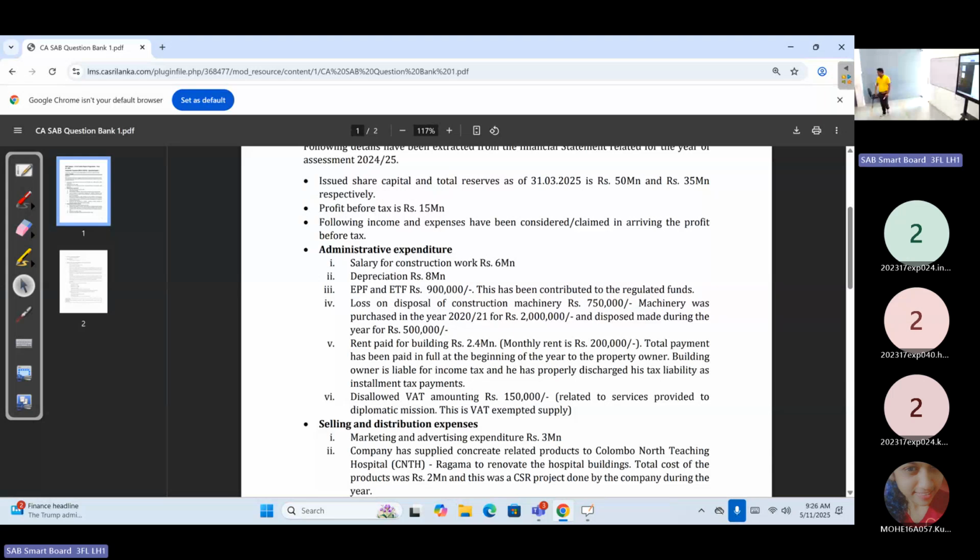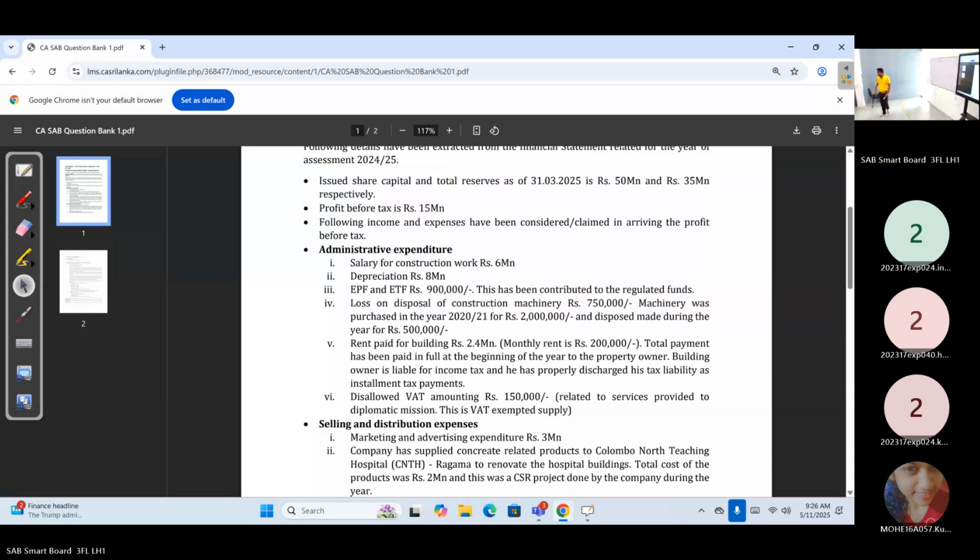We can work on the note. Note one, for the machinery.